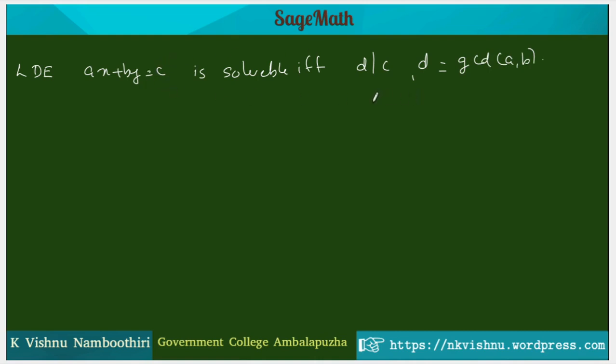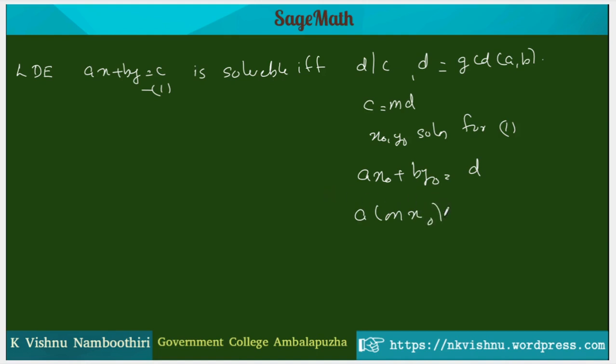We know that this is solvable if and only if the GCD d divides c, where d is the GCD of a and b. Now if d divides c, then c is equal to m times d, and in that case, suppose that x naught, y naught is a solution for ax plus by equals d. Then by multiplying m on both sides, a x naught m plus b y naught m equals m d, which is equal to c.